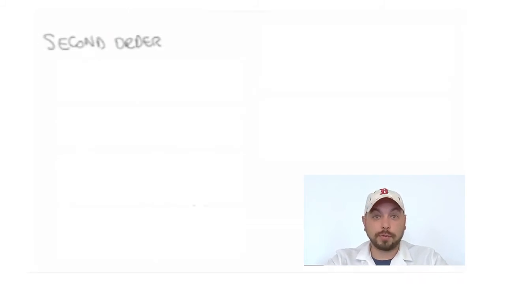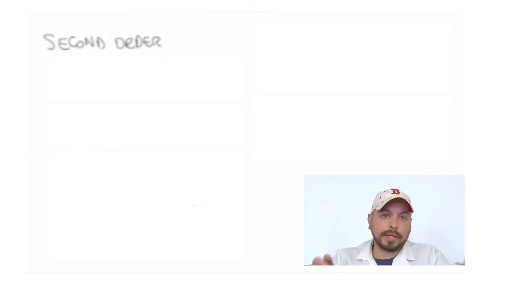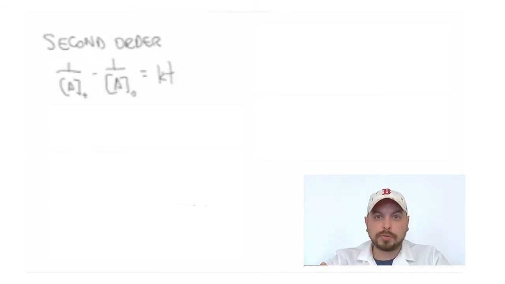Now let's look at second order. Remember, again, we're going to do the same thing we've done in the past, which is substitute in for the half-life, which is A at time t is half of the initial.